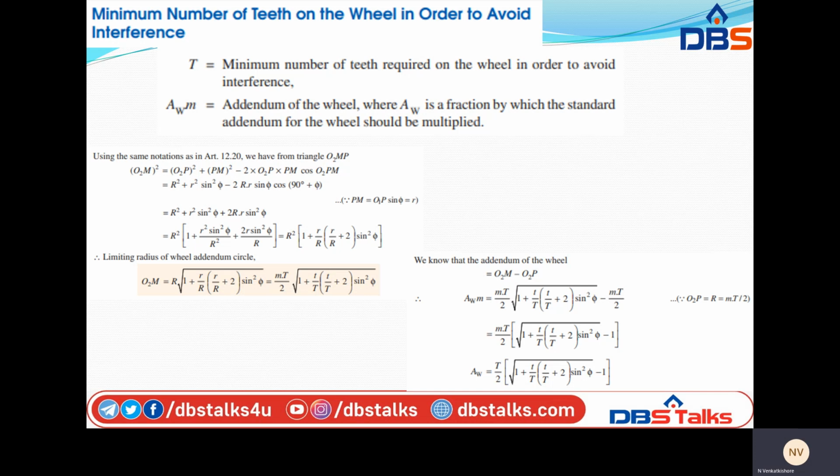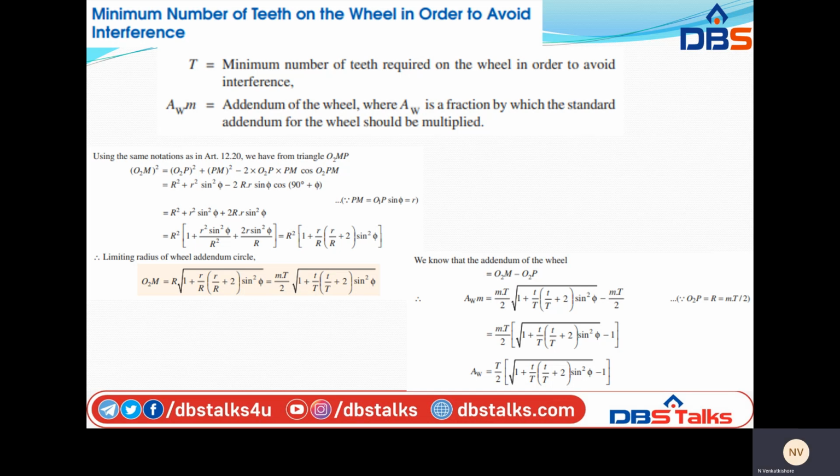So capital R square into 1 plus small r square by capital R square plus 2 small r into sin square phi by capital R. So R square into 1 plus small r by capital R, commonly small r by capital R plus 2 into sin square phi.